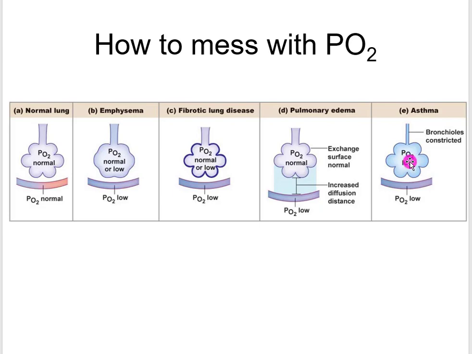Well, if you don't have enough in the lungs, there's not going to be enough getting in the blood. If you have a fibrotic lung disease, something that we've talked about in previous lectures, then you've got normal oxygen here, but the walls are too dang thick to actually get into the blood itself. And so there are various mechanisms by which PO2 itself can be interfered with.